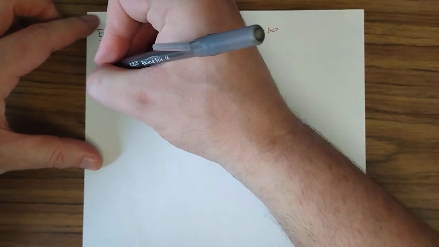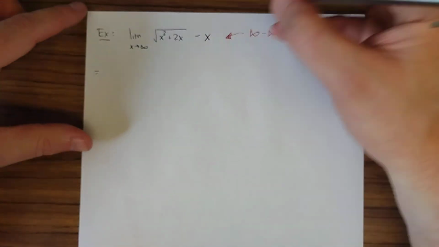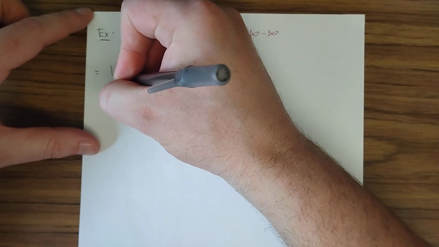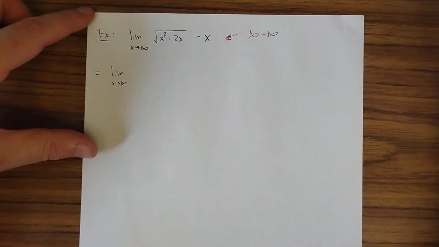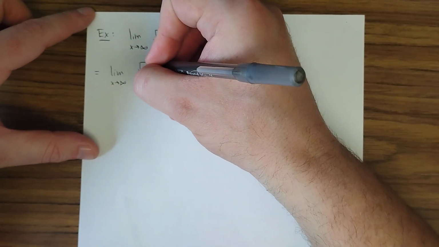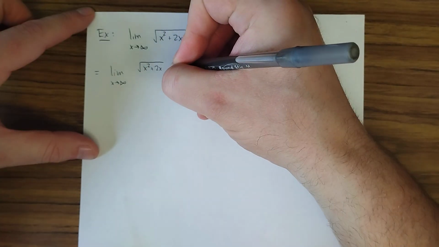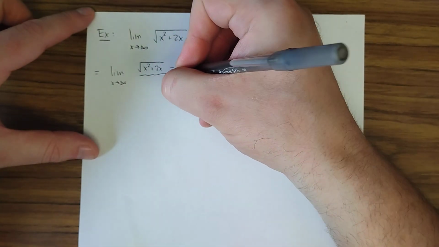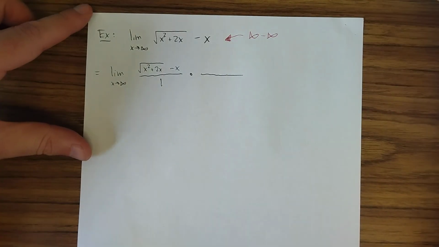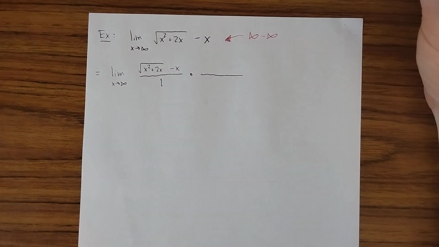So I am going to use algebra. This is kind of a throwback to some of the tricks we used in Calc 1. I'm going to make this into a fraction, and I'm going to multiply the top and bottom by the same thing.